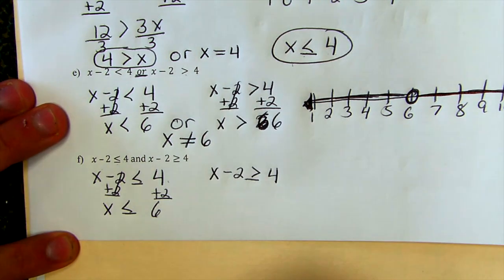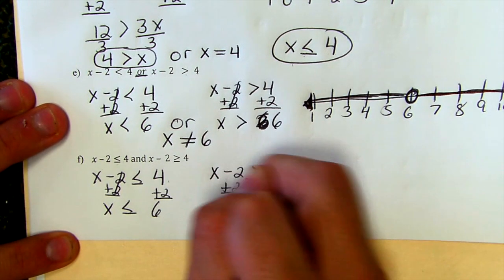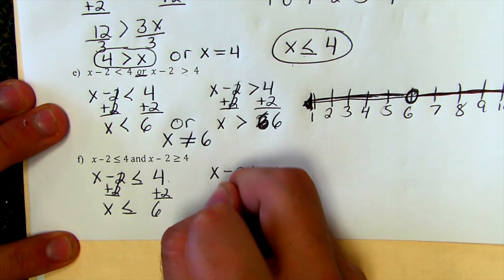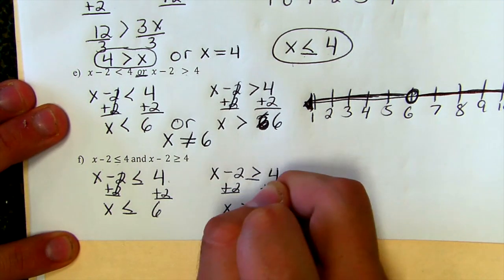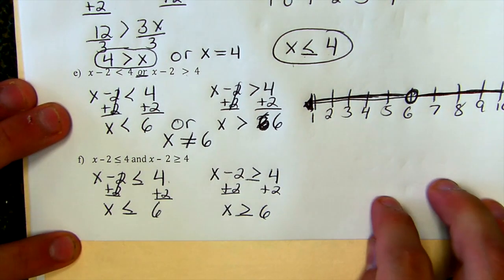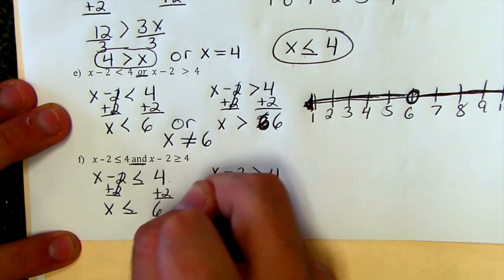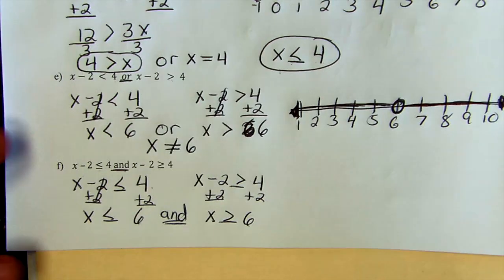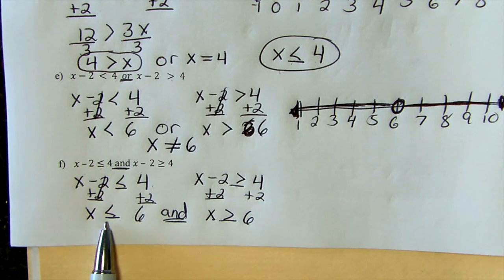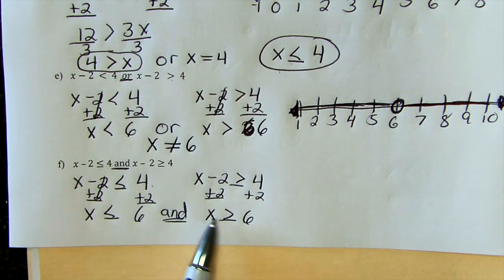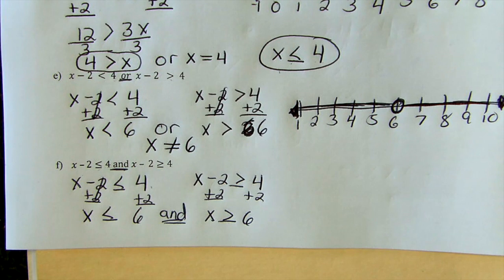Then we have that x minus 2 is greater than or equal to 4. So if we add 2 again on both sides, add 2, we get that x is greater than or equal to 6. And again, we have and. So if we have and, let's just read it. It says x is less than or equal to 6 and x is greater than or equal to 6.